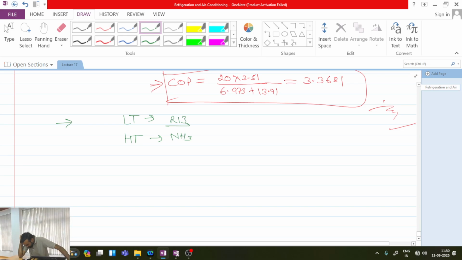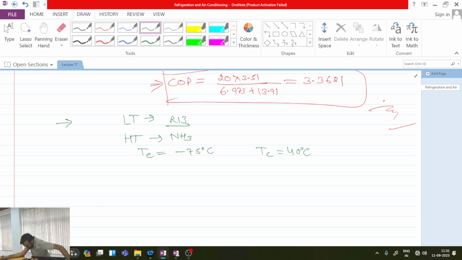The evaporator and condenser temperatures are minus 75 and 40 degrees Celsius respectively. Now, do you know what a cascade condenser is? The intermediate heat exchanger which acts as condenser for the LT cycle and evaporator for the HT cycle.